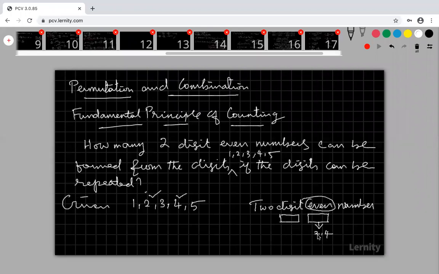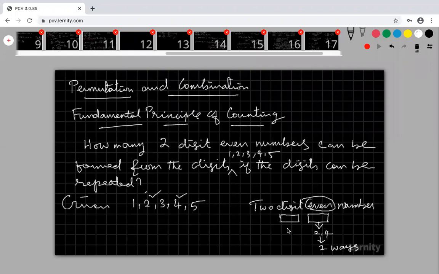So I can fill the unit place either by 2 or by 4, that is 2 ways. I can fill 2, that is the first way. I can fill the unit place by 4, that is another way. 2 ways.